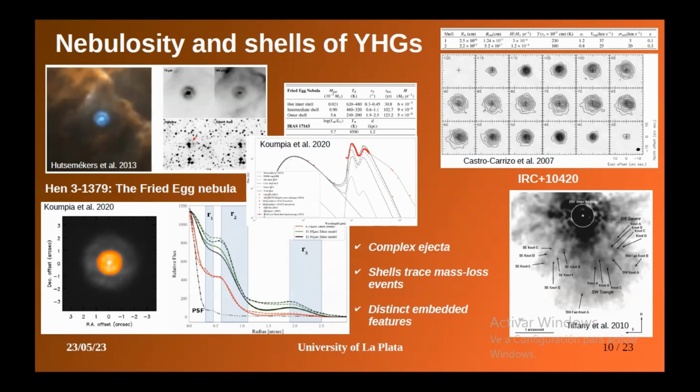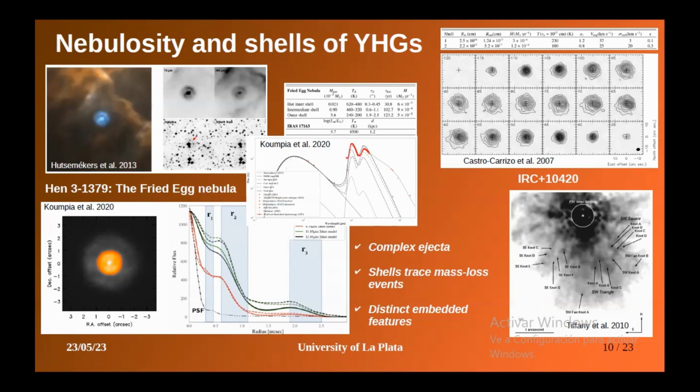They published the results, being 3 shells, intermediate and outer, the most outer of which contains 6 solar masses, in consistency with what was said before, with temperatures from 600 Kelvin to 200 Kelvin.